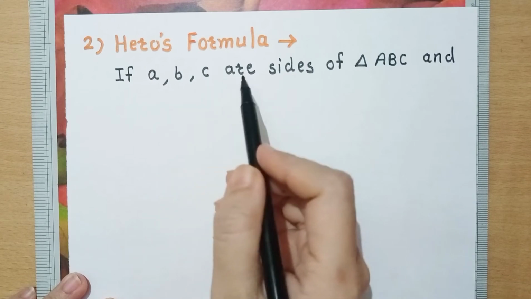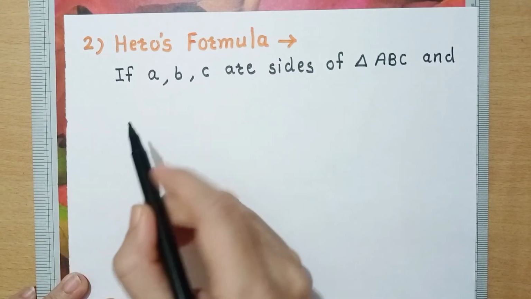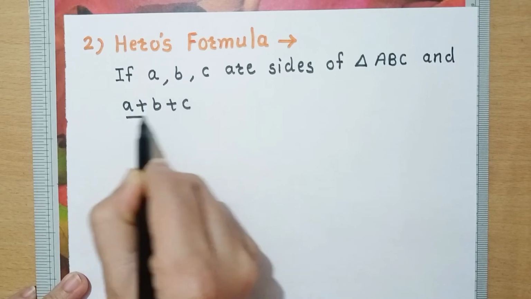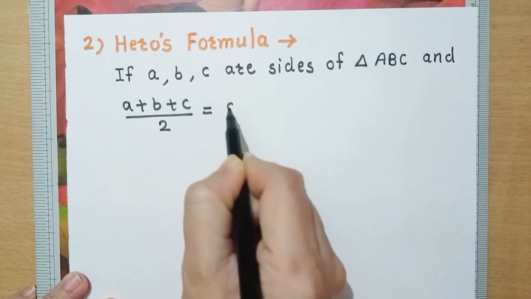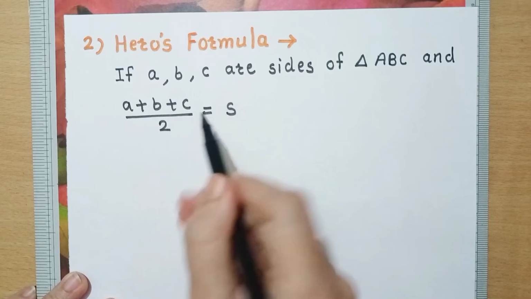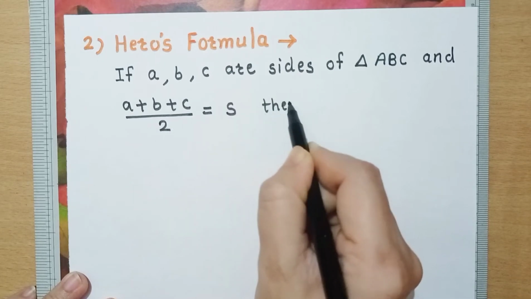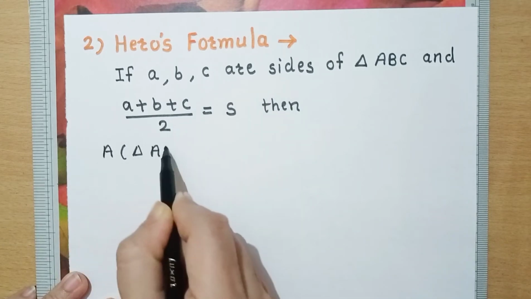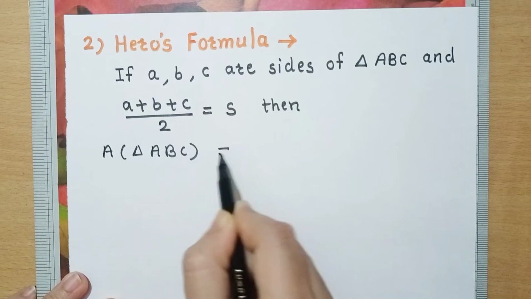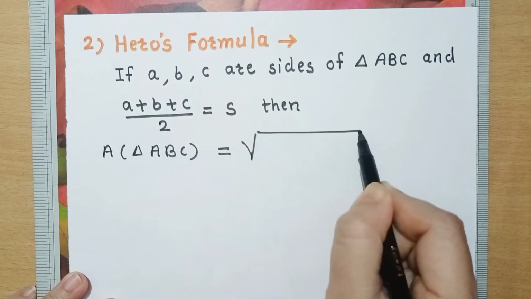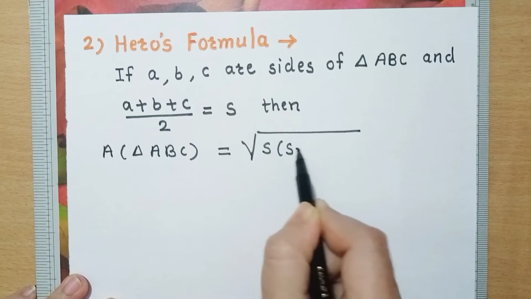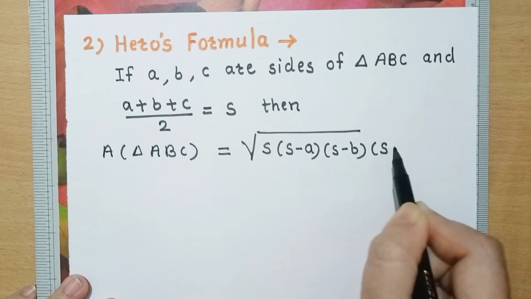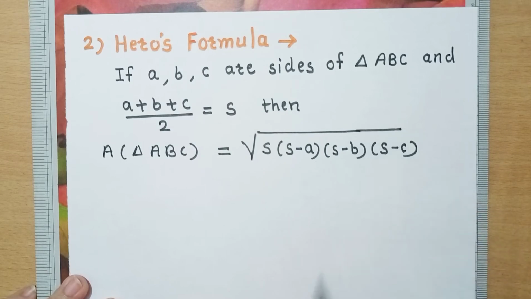If a, b, c are the sides of triangle ABC, and if (a plus b plus c) upon 2 is equal to s, where s means half perimeter, then the area of triangle ABC is equal to under root, first write s, then s minus a, s minus b and s minus c.